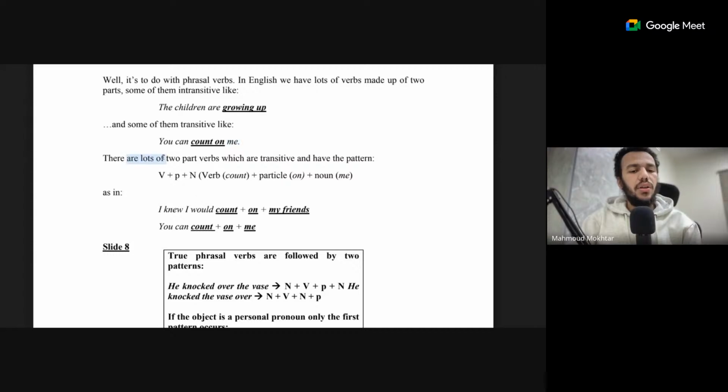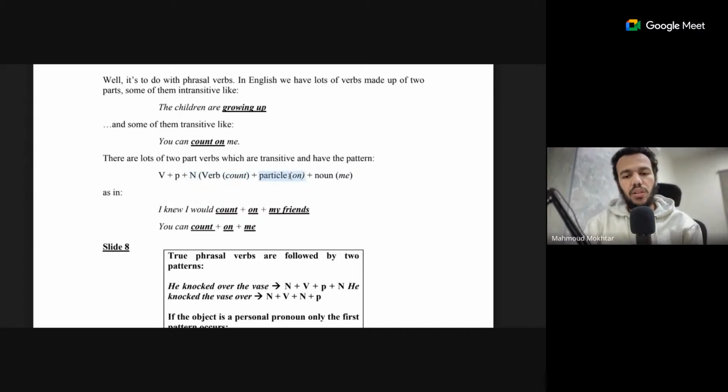There are lots of two-part verbs which are transitive and have the pattern verb, particle, noun. So here we'll call them particles.